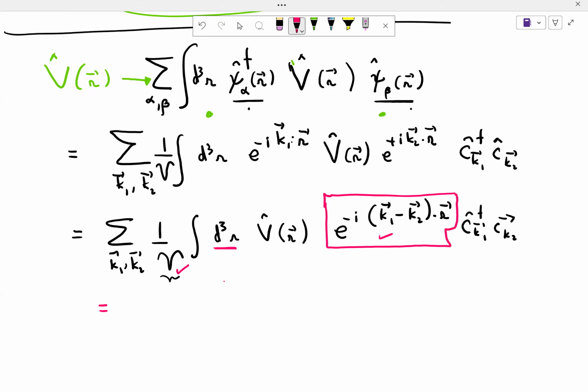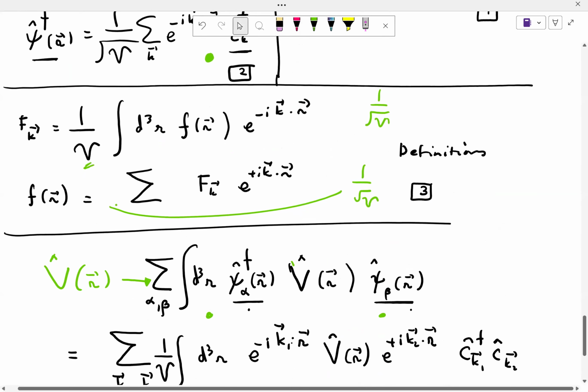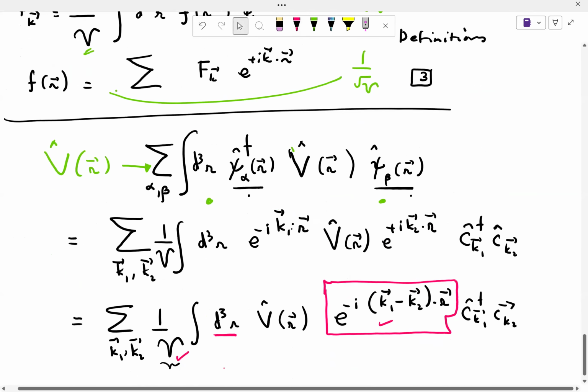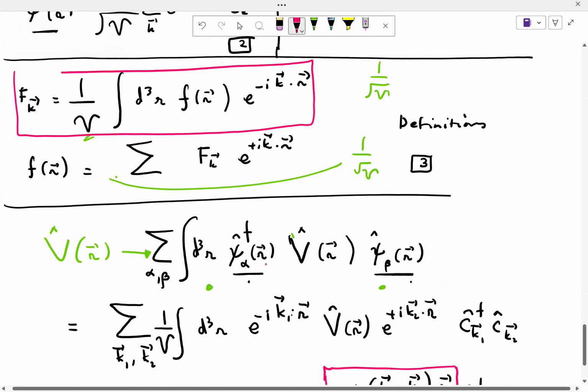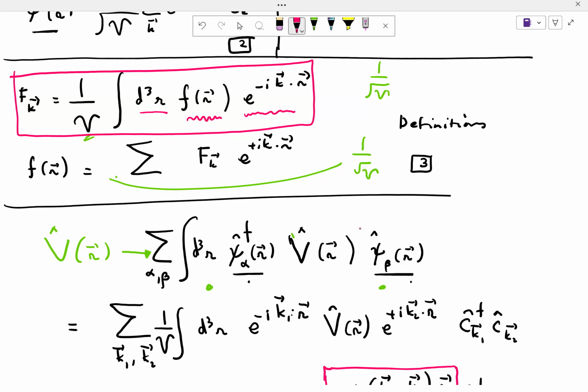I could, okay, let's look at the definition of Fourier transform over here. Let's look at what we have over here. Okay, if you compare this thing that I've written in the red box, a function of r, exponent minus i k dot r, summed over all of volume divided by volume, will give me the Fourier coefficient at this point k.